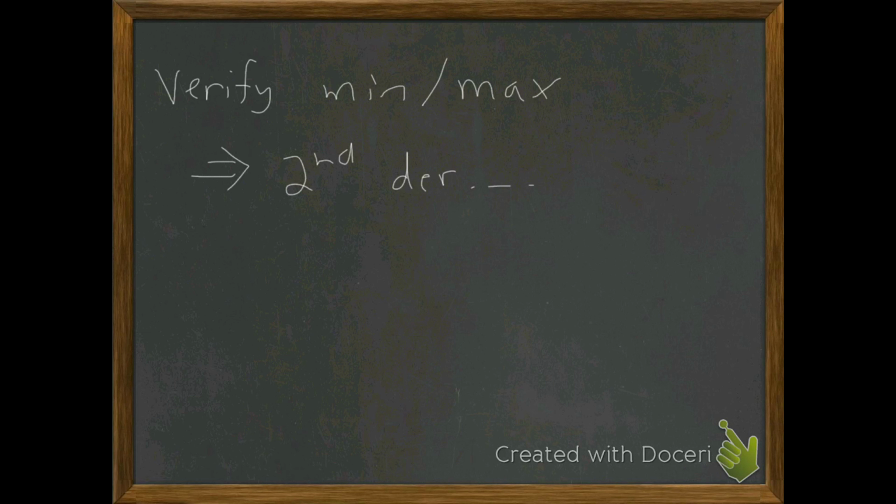And as we talked about before, look at the sign of the second derivative. I'll probably leave this for an exercise, but in this case, we're going to clearly see that what we have is a maximum value.